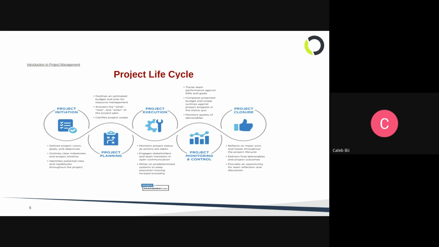Then for monitoring, that is after the project execution phase. For this phase, you track the progress of what your team members have been doing. You'll have certain KPIs, certain goals, to check if they've achieved them or if they have hit the specified goals.